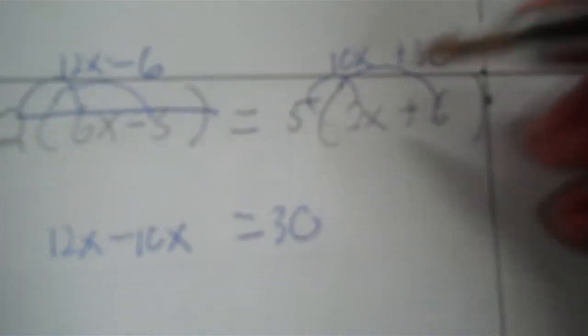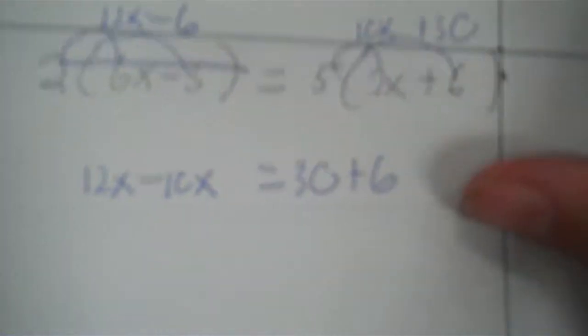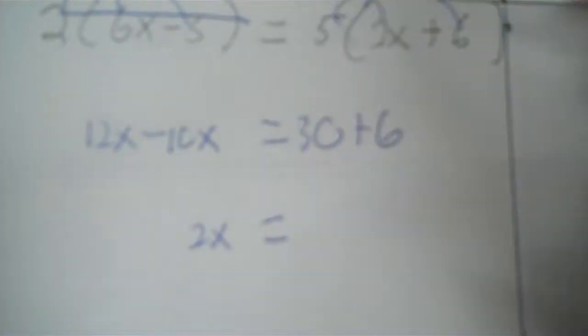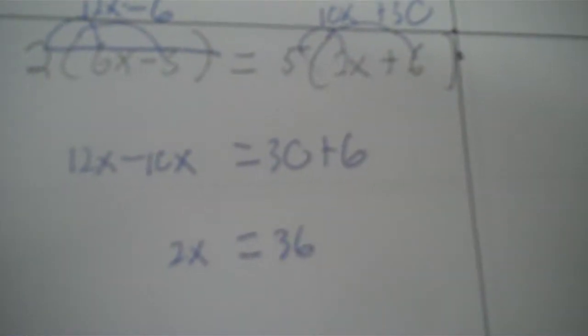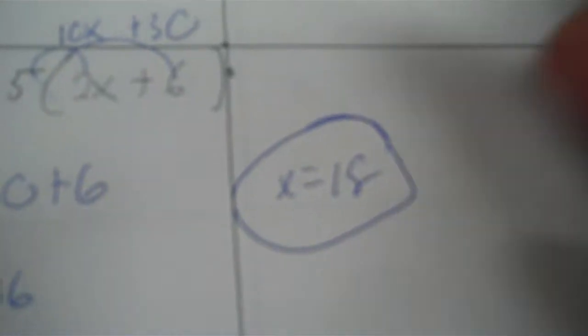Well, 12x already is, so with the positive 10x, we'll just subtract that. And over here we're going to have 30, and then minus 6 is going to come over here as plus 6. So 12x minus 10x is 2x, and then 36. So 2 times what number is 36? Well, 36 divided by 2 will give me that, and that is 18.